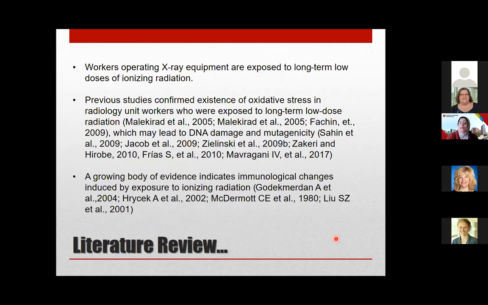Previous studies confirmed the existence of oxidative stress in these radiation workers as well. They showed that it might lead to DNA damage and mutagenicity. There was also a growing body of evidence indicating immunological changes induced by exposure to ionizing radiation.